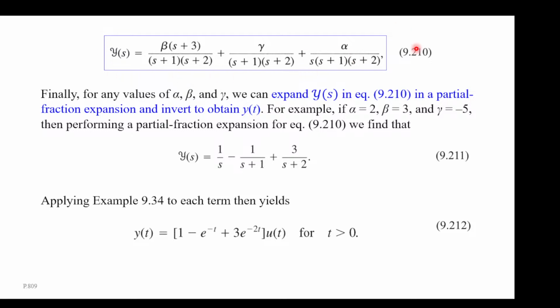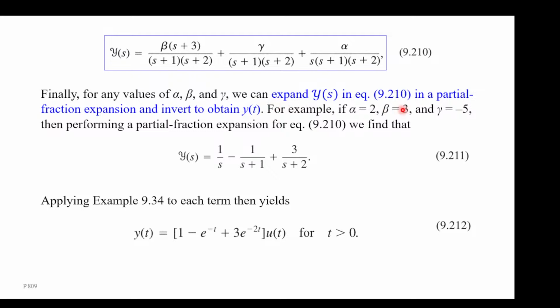So we have our equation here. Our unilateral Laplace transform Y of s equals beta times a rational function, gamma times a rational function, and alpha times a rational function. And so if you pick specific alpha, beta, gamma values, then we can do partial fraction expansion.